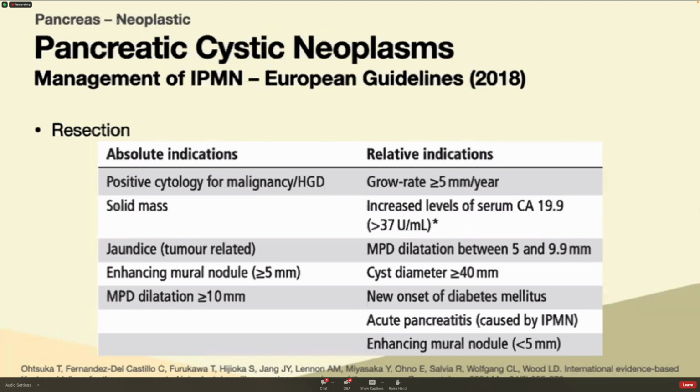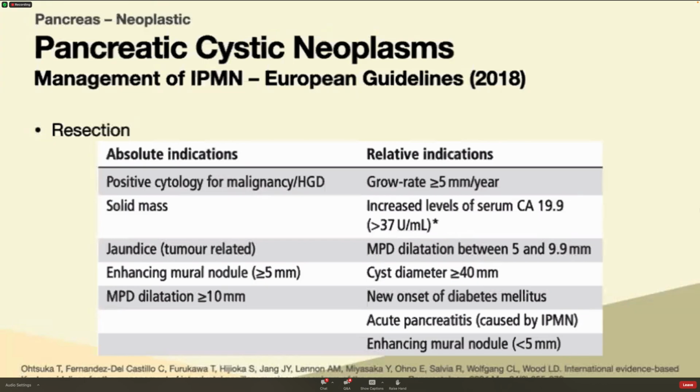Cyst diameter of greater than or equal to 40 millimeters. So this is a bigger cyst size compared to the 3 cm cutoff of the Kyoto guidelines. New onset diabetes mellitus, acute pancreatitis, and enhancing mural nodule of less than 5 millimeters. So the last three are the same as in the Fukuoka or Kyoto guidelines.